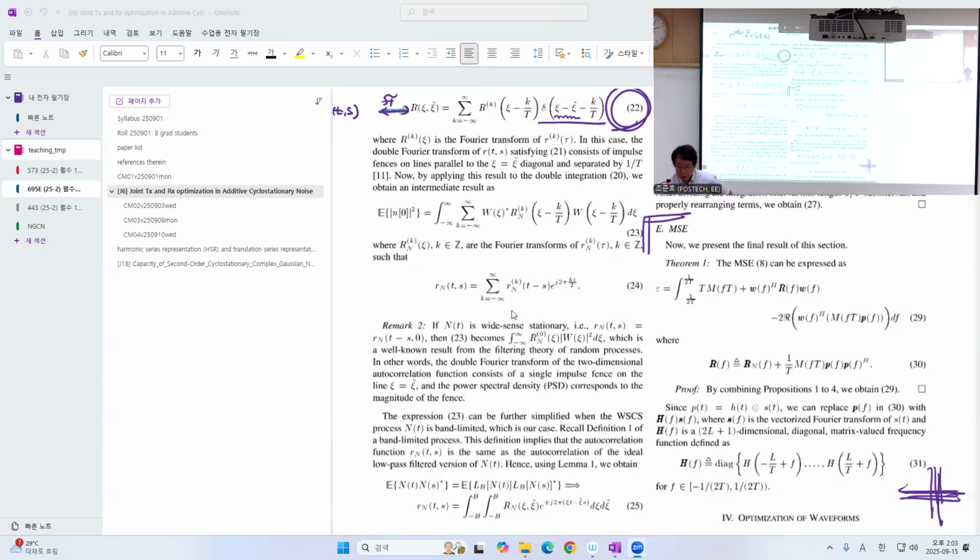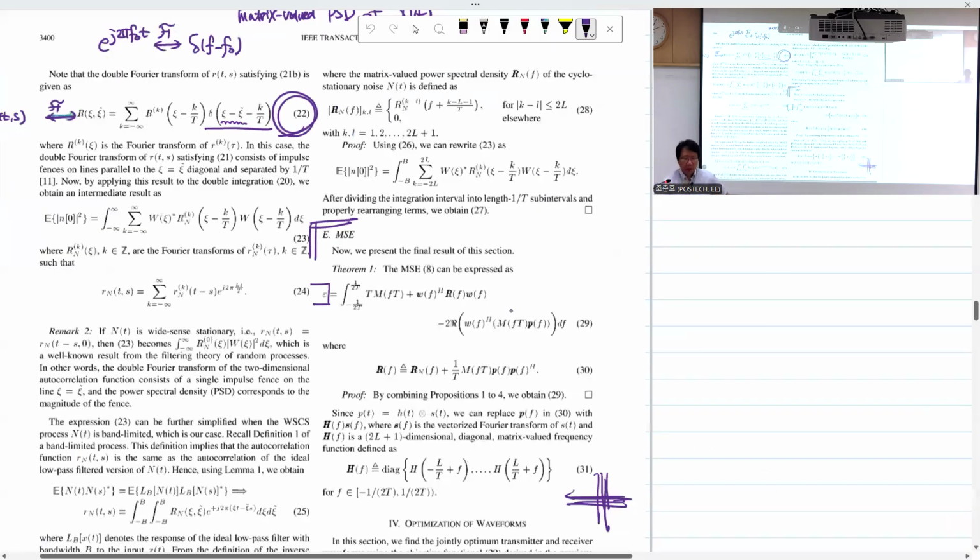So our optimization problem has the mean squared error as the objective function. And the mean squared error was originally defined as what? The symbol estimation error for the k-th symbol and the k-th output.